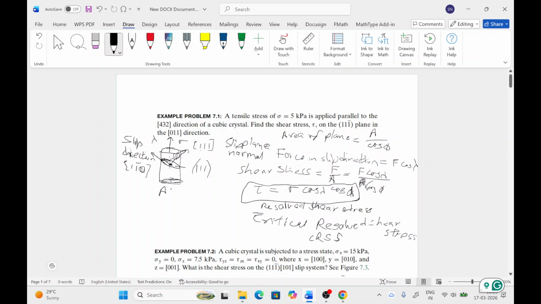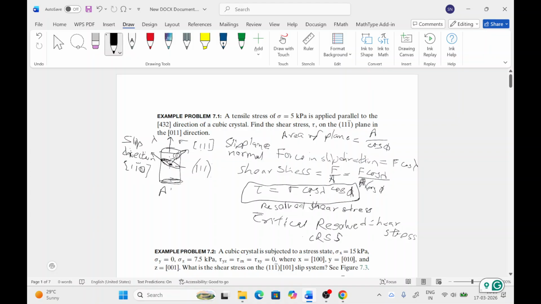This is the critical amount of shear stress required for deformation. If the resolved shear stress is greater than this CRSS, then deformation of that crystal will occur.